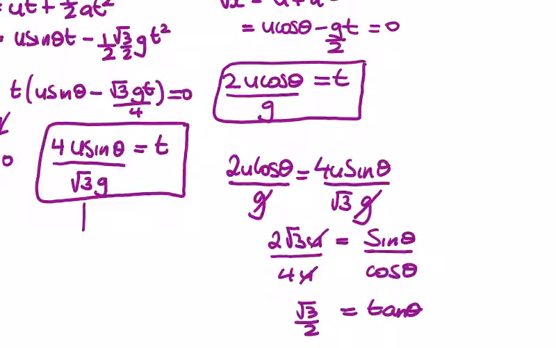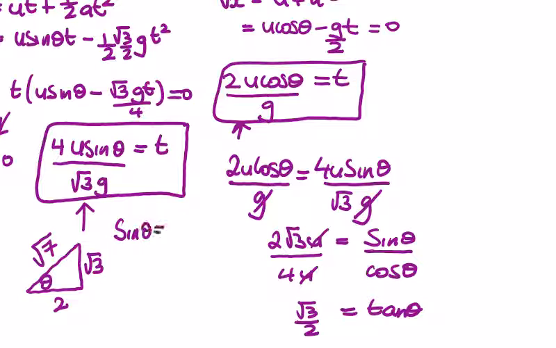We need sine theta or cos theta to get the time. Theta, the tan of it, is opposite over adjacent, giving me root 7 on top: 3 plus 4, yeah, root 7. Sine theta is opposite over hypotenuse, so sine theta is root 3 over root 7.